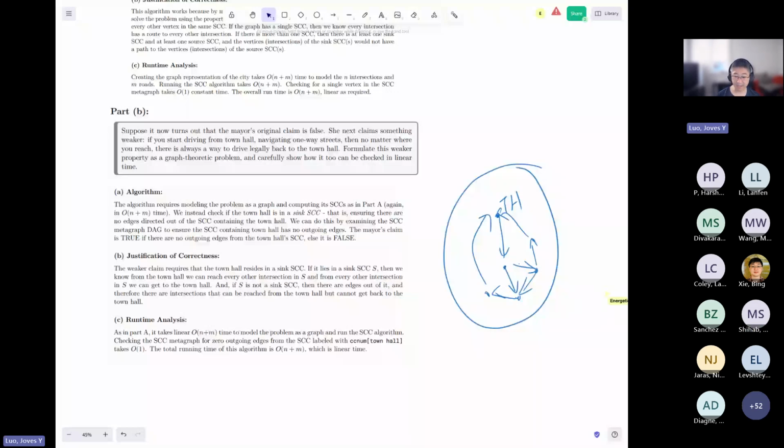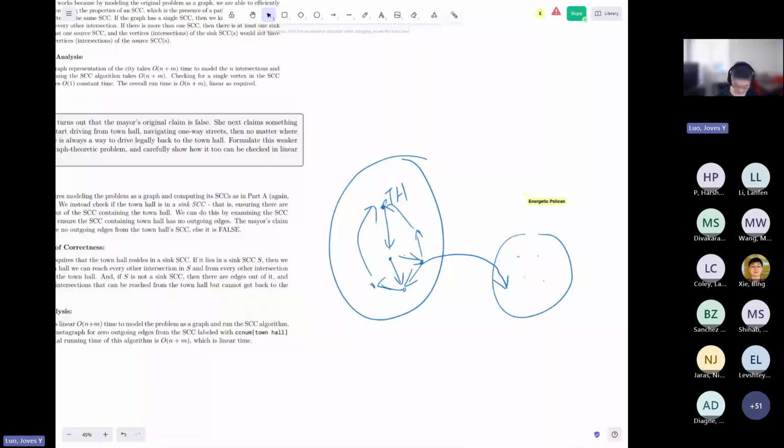If I am not a sink SCC, then I would have some other bunch of vertices here that's interconnected. If I was able to reach out of this SCC, the SCC my town hall is in, there's no way back ever, right? There's no way to come back into this SCC, because the moment there's an edge that comes back to this SCC, this would have been declared as a single SCC.